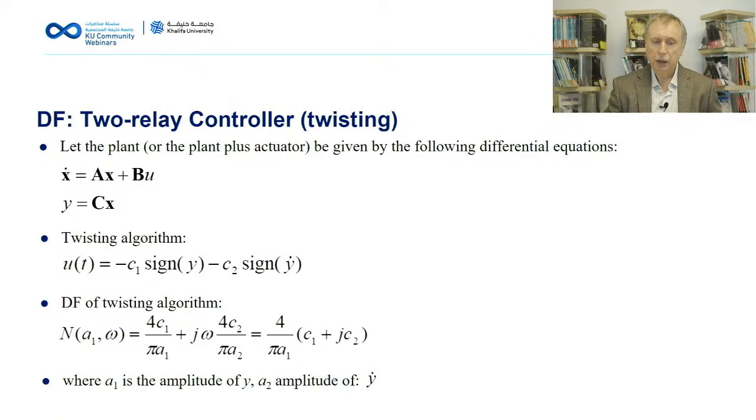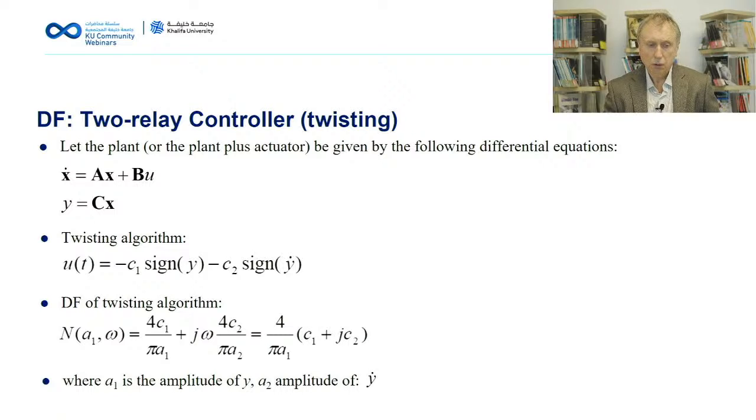And if we apply describing function analysis to this algorithm, just simply assuming that Y is a sinusoidal signal, and we know what the describing function expression is for this relay and for this relay, so we can find the describing function as a sum of two describing functions, and consider also the relationship between the amplitude of Y and amplitude of Y dot, which is through omega.